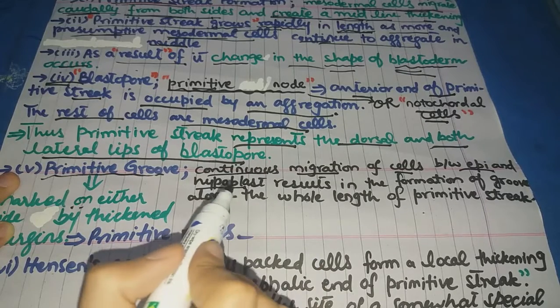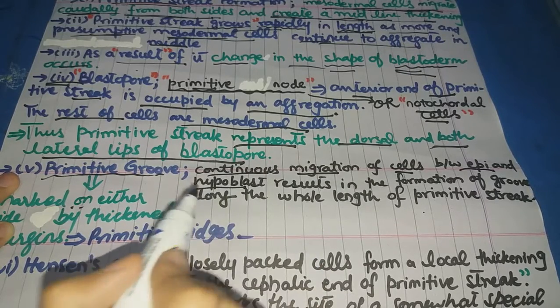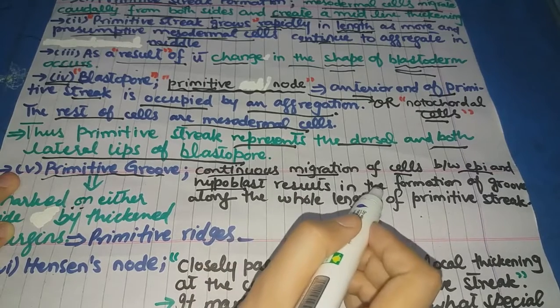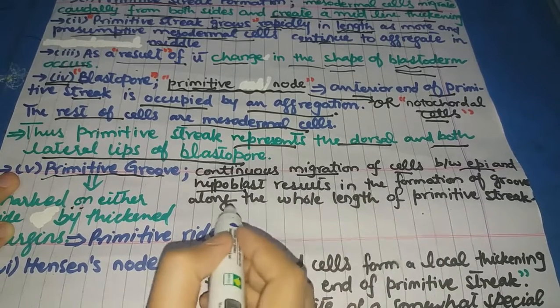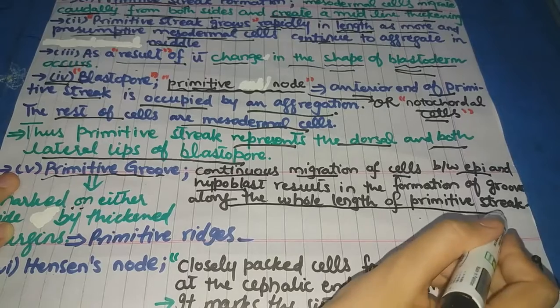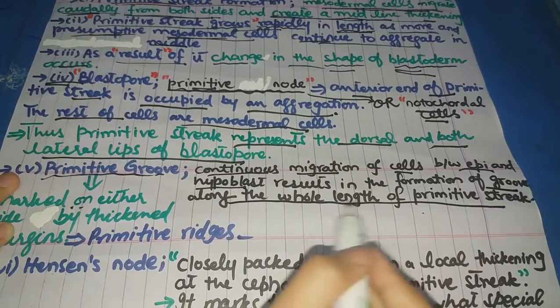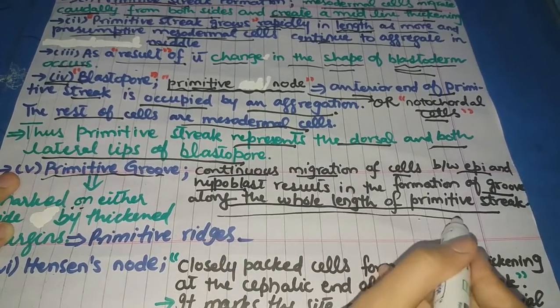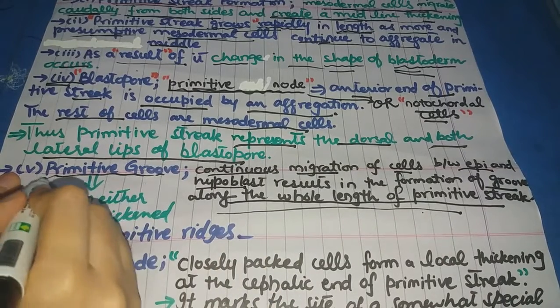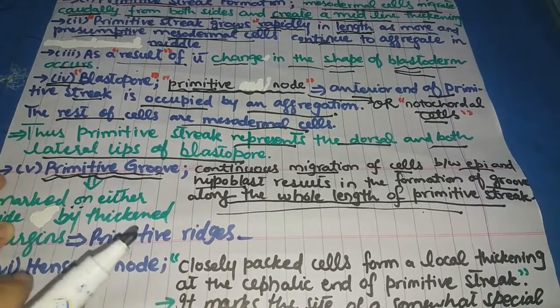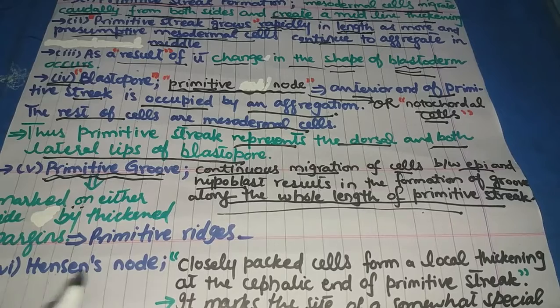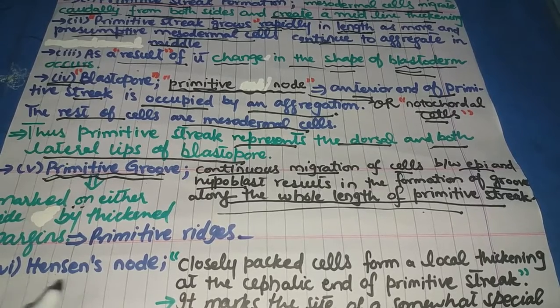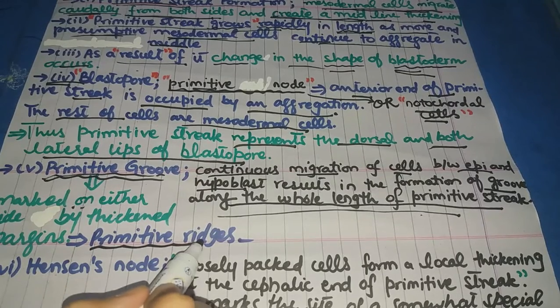Now what happens? The continuous migration of epiblast and hypoblast results in the formation of a groove along the whole length of the primitive streak. This groove is known as the primitive groove. This primitive groove has primitive ridges.